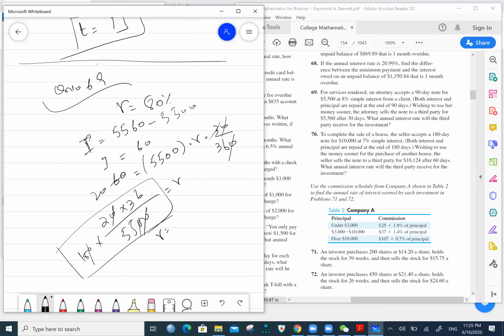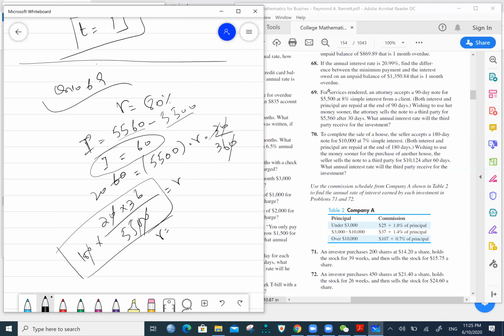See, initially he had $5,500. He gave this money to a third party for $5,560 for 30 days. The interest he got for 30 days is 560 minus 500, which is 60.